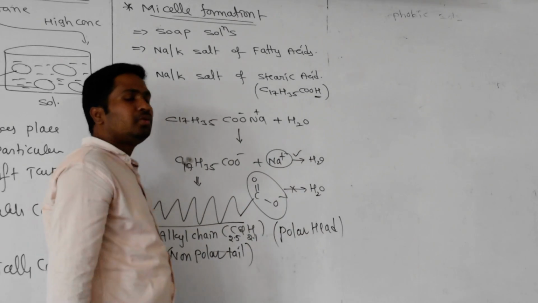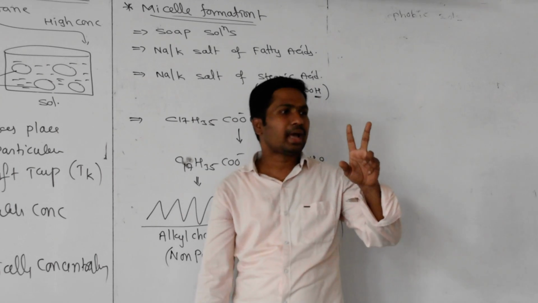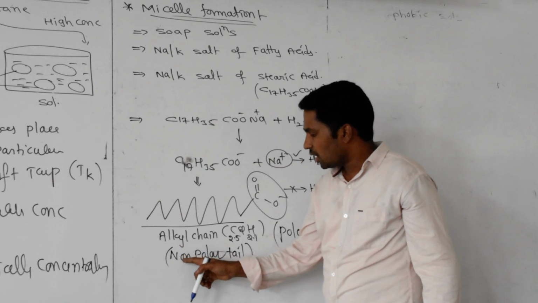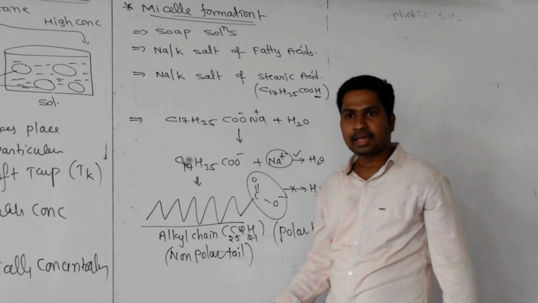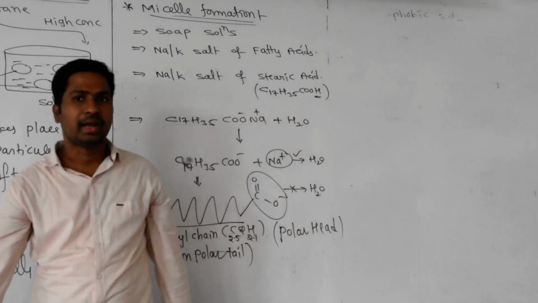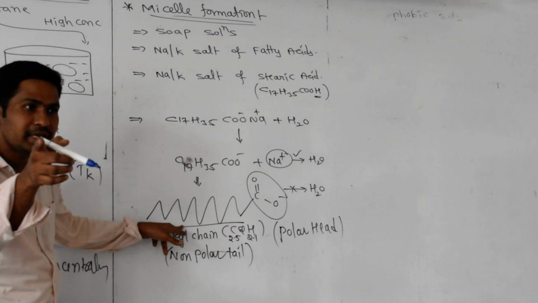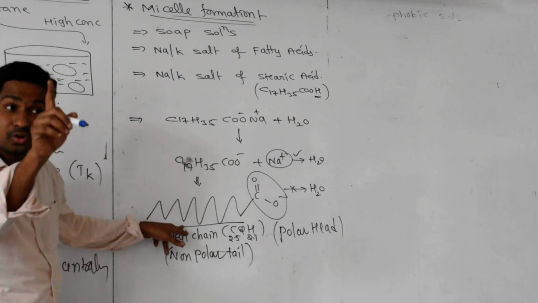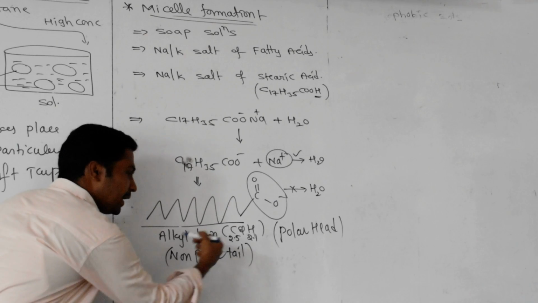If you take any soap along with water, the soap particle has two parts: a non-polar tail and a polar head. Is this non-polar tail water loving or water hating? Water hating. Why? Because it is non-polar and water is polar, they never dissolve. You know like dissolves like. So it hates the water.